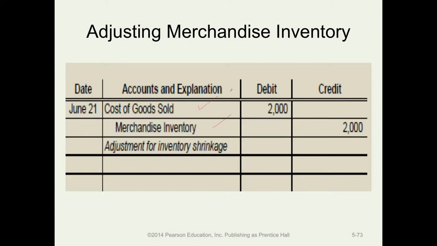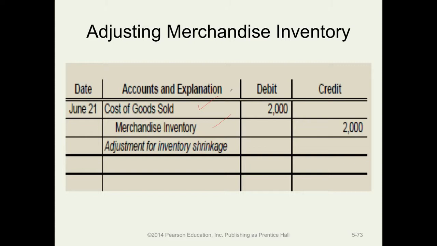Now, the problem here is that by debiting the cost of goods sold and not identifying this as a separate account, unless you're doing something internally, it does not permit the manager to understand the losses that are due to shrinkage, theft, or spoilage.